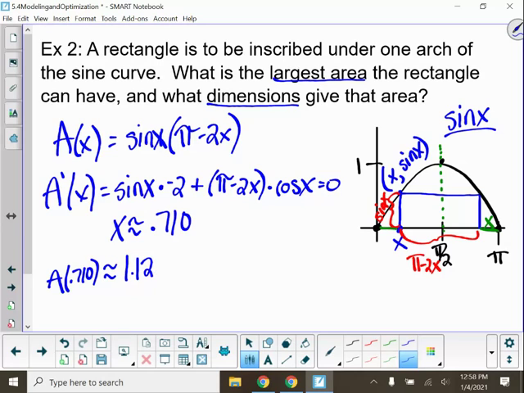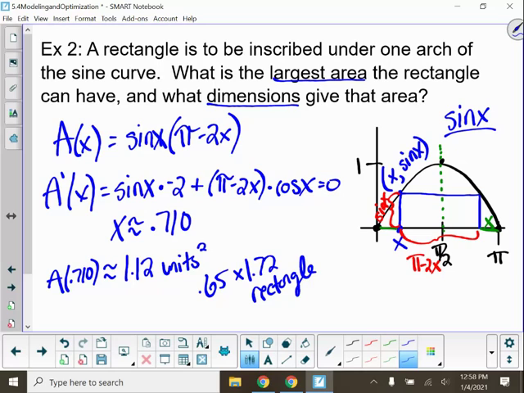It's 1.12, and it doesn't say what the units are here. So I'm going to go with units squared, that's a 0.65 by 1.72 rectangle.